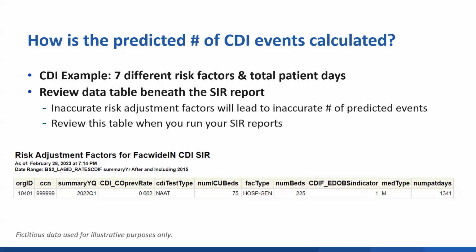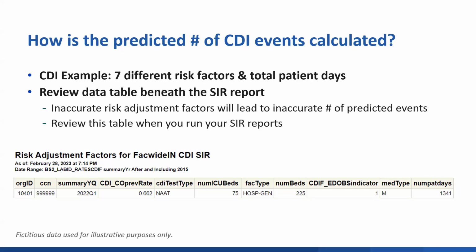CDI uses CDI test type, the inpatient community onset prevalence rate, number of ICU beds, number of beds, facility type, an indicator for whether or not you report for ED or 24-hour observation locations, your facility's medical school affiliation type, and then all LabID SIRs use number of patient days when calculating number predicted.